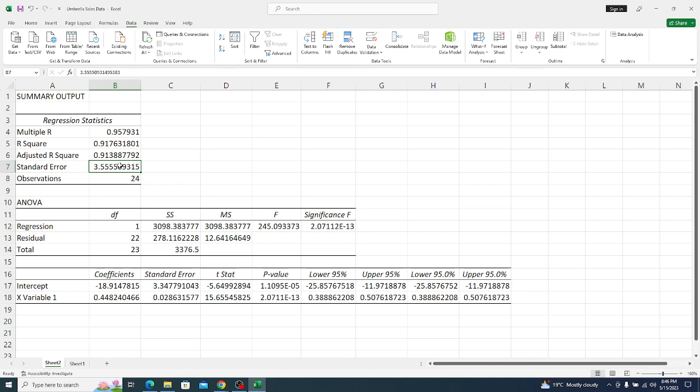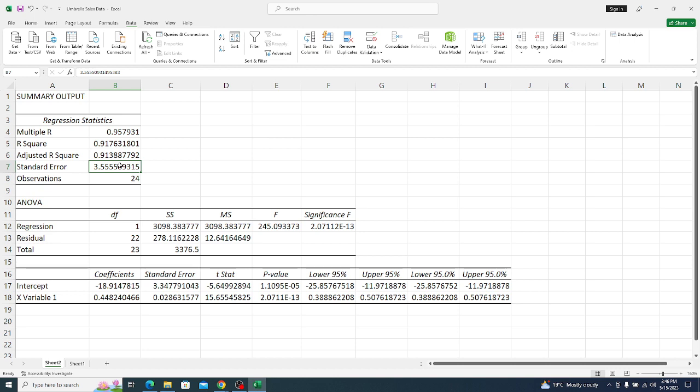For example, we can have what we call SEM, that is the standard error of the mean, and we also have another one called the standard error of estimate. You can try and check more on the difference between those subcategories.